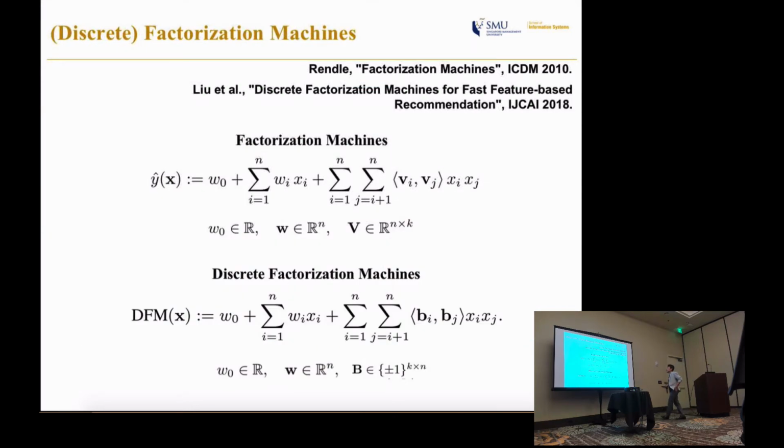And you can express this in terms of x_i, x_j, which are the features. And we're going to learn the latent vectors, v_i, v_j, that is going to model the interaction between any two features. Now, you can also make it discretized by employing discrete parameters instead of real valued parameters. And in that way, you can generalize from the feature-based recommendation to that of discrete factorization machine.